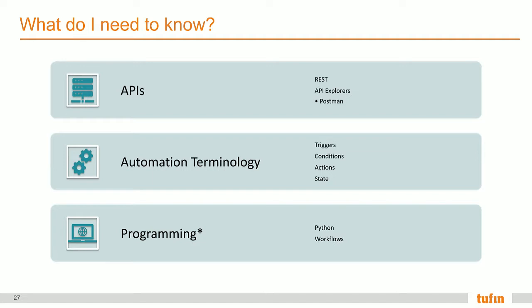Then additionally, I would start thinking of your automation in automation terminology. That is, looking at these definitions here and figuring out how your logic flow equates to them. You'll hear the term trigger, which means how am I launching this integration? What has started it?